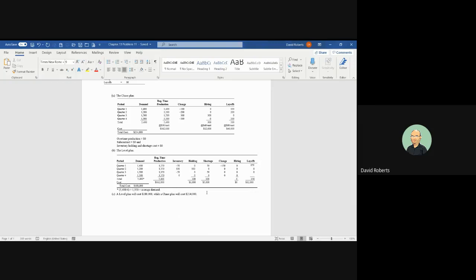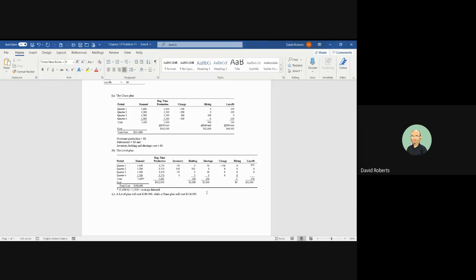So when you add up all of these numbers, the regular production does not change, but now you have holding costs, shortage costs, and layoff costs, just because we started off with a different size of workforce from quarter 4 of the previous year to quarter 1 of this year, and that will total up to be $180,000, which is significantly less expensive than the chase strategy of $214,000.